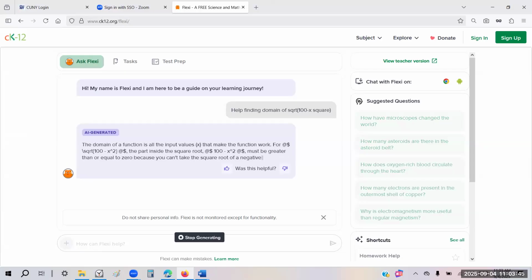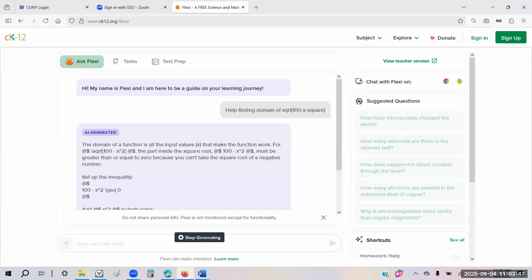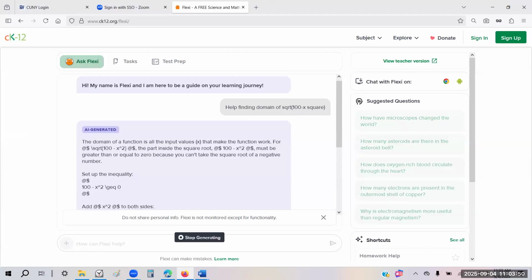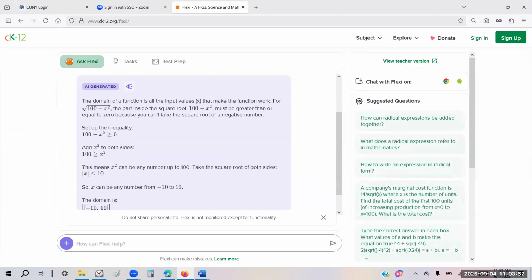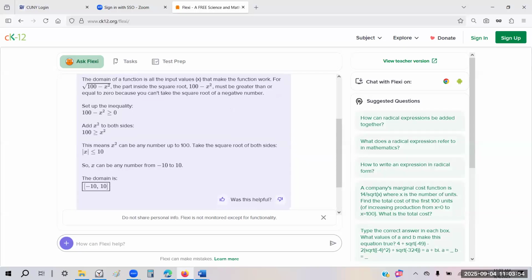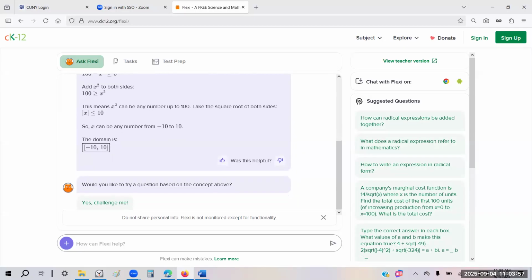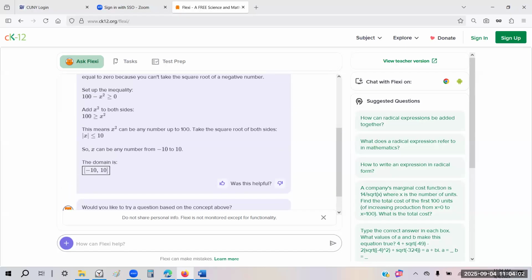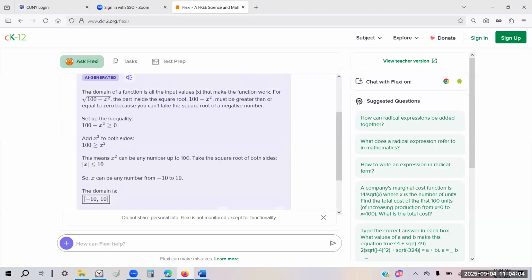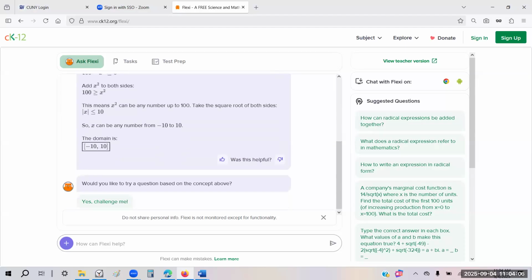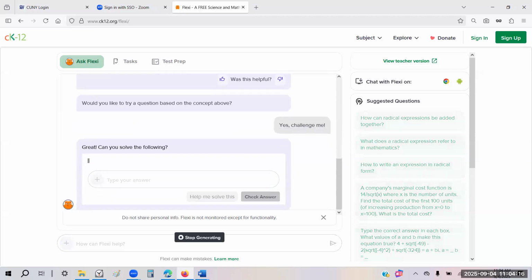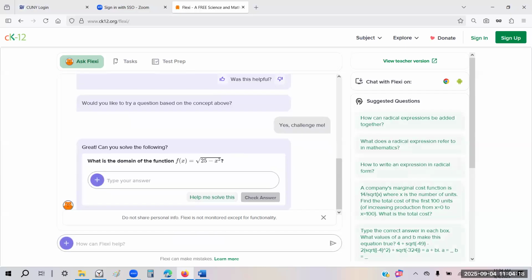It will give you all the details. But don't just copy them. Try to understand what it's telling you. So if you don't understand any step, you can ask them, why is this? Why is that? And then if you want more challenging questions, you put, yes, challenge me. So it will give you more questions for you to do. Next.